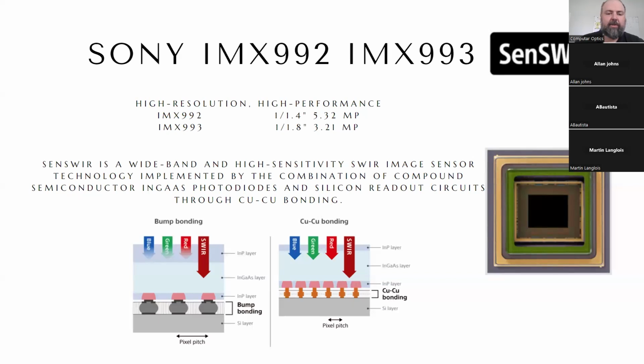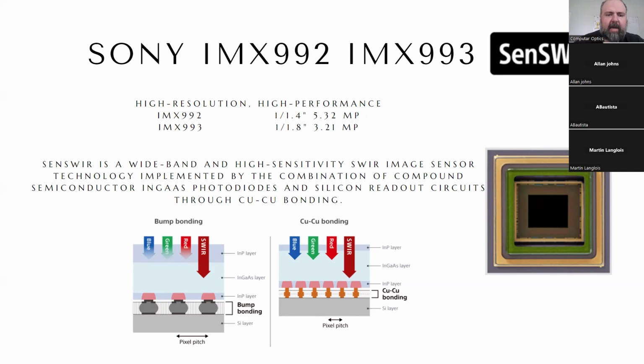This particular image sensor is utilizing Sony's new technology called SenSWIR. SenSWIR is a wideband, high sensitivity SWIR imaging sensor technology implemented by the combination of compound semiconductors, the InGaAs photodiodes, and the silicon readout circuits through copper-to-copper bonding. That's what you see in this illustration, that copper-to-copper bonding versus your typical bump bonding for some of those image sensors.